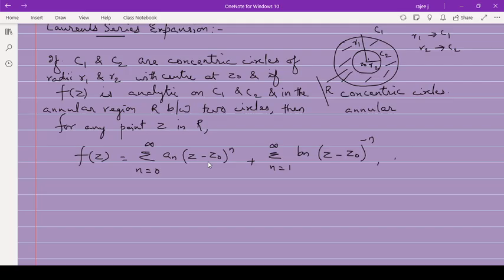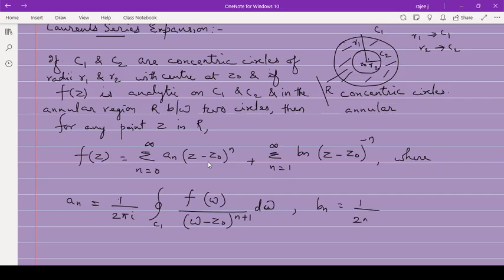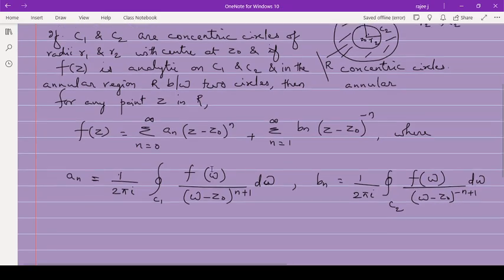Here a_n and b_n: a_n is given by 1 upon 2 pi i integral over C1 of f of omega, any term, instead of z we use omega, upon (omega minus z0) raised to n plus 1, d omega, and b_n is given by 1 by 2 pi i integral over C2 of f of omega divided by (omega minus z0) raised to minus n plus 1, d omega.